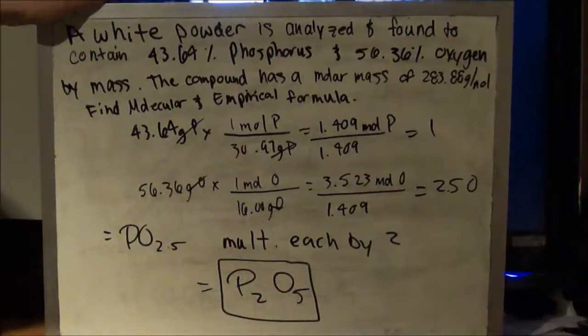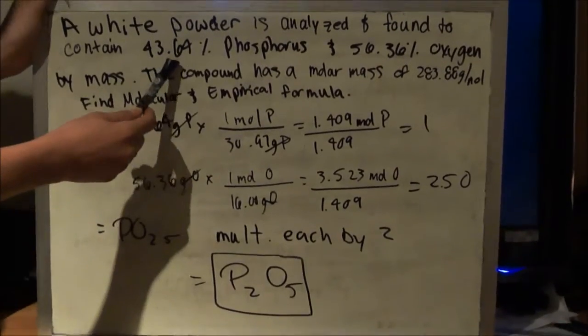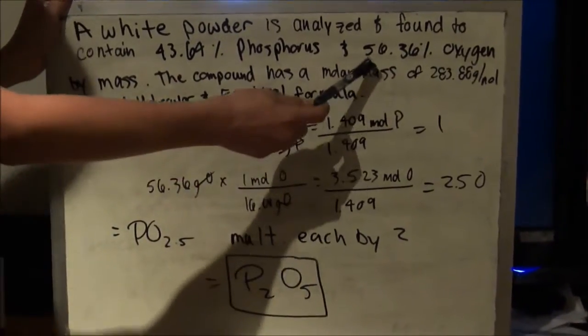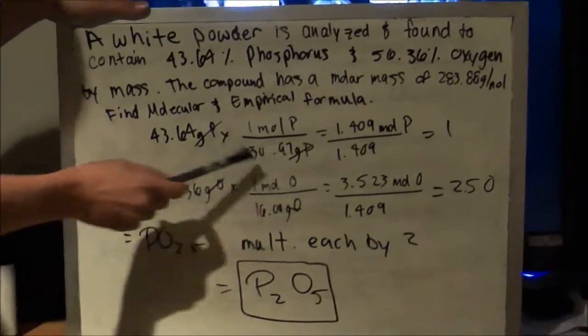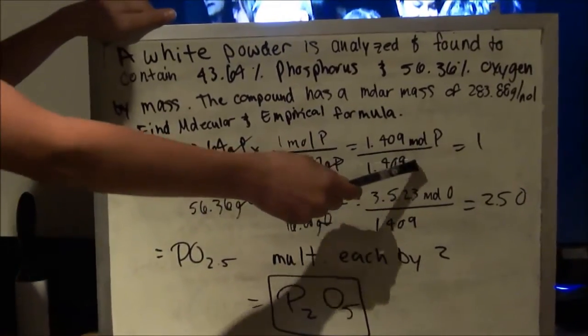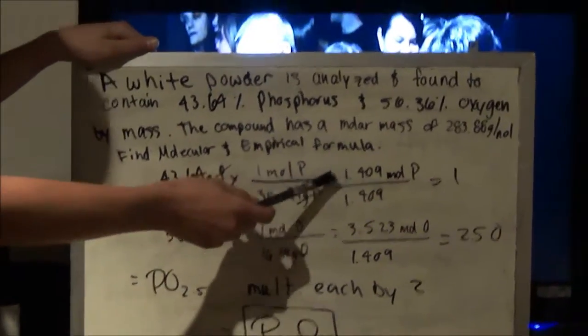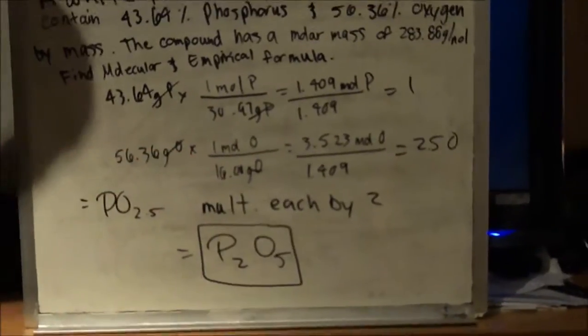Okay, so the percents that we are given are 43.64% of phosphorus and 56.3% of oxygen. And so we take the molar mass of both of those and find the moles. And so phosphorus is going to equal 1.409 and oxygen will equal 3.523.